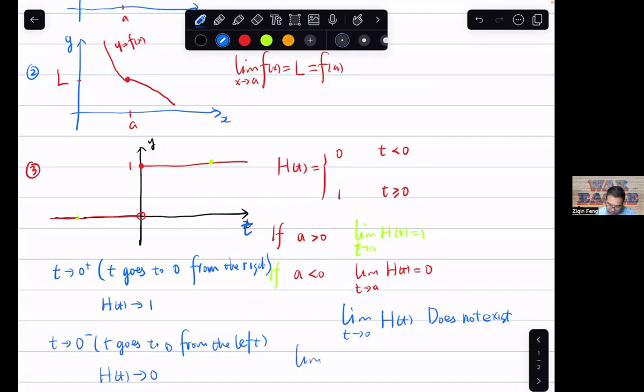As t goes to 0 from the right side, h of t equals 1, and as t goes to 0 from the left side, h of t equals 0. So that's one way to describe what happened. Okay, now let's try to write down the official definition for the right-hand limit and the left-hand limit.